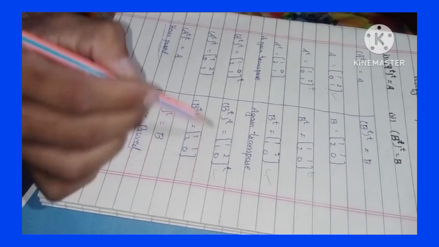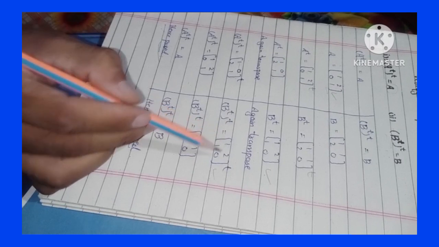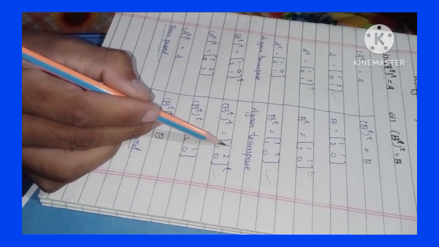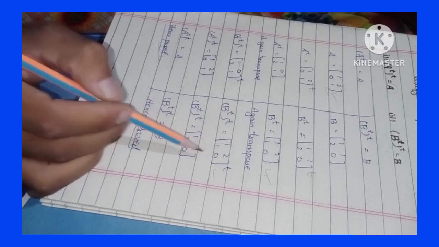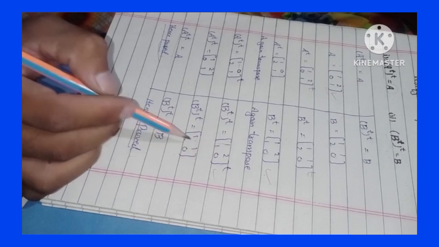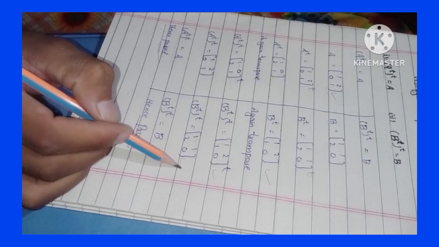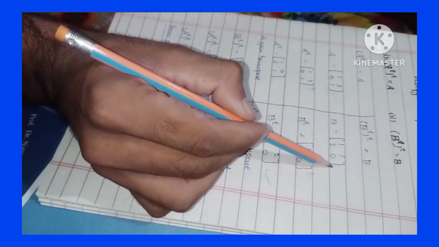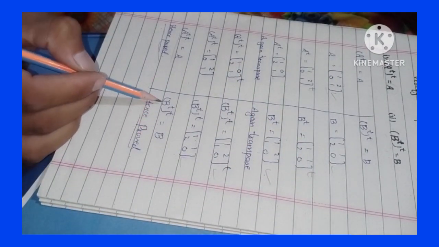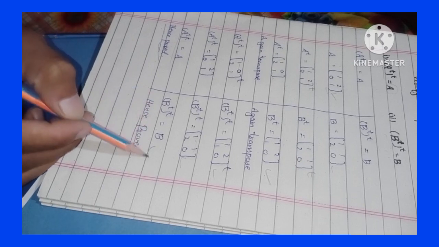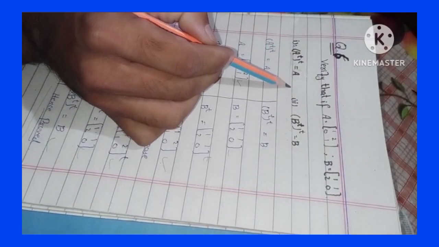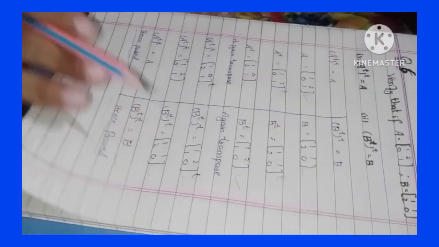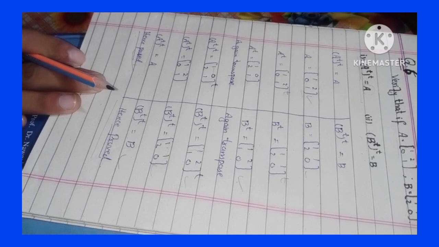We take the transpose. 1, 1 is the first column changed into a row, 2, 0 is the second column changed into a row. This matrix equals matrix B again. Hence proved: the transpose of B and its transpose again equals matrix B. Hence proved. We will verify these and hence prove it.